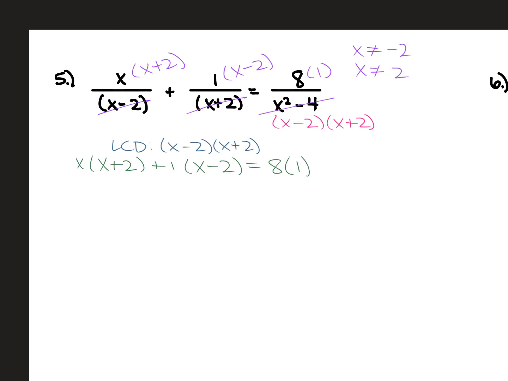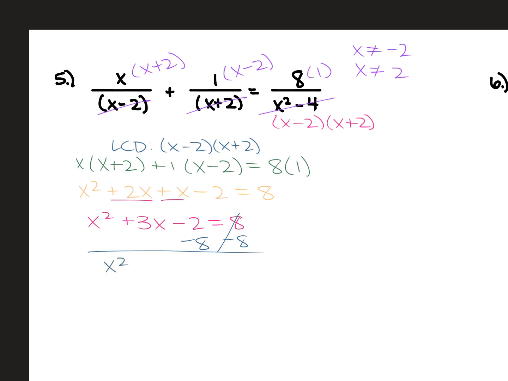So we simplify this, we have x squared plus 2x plus x minus 2 is equal to 8. We're going to combine like terms on the left side. We have x squared, the 2x plus x is 3x, minus 2 is equal to 8. From here, we're going to move the 8 over by subtracting it from both sides.